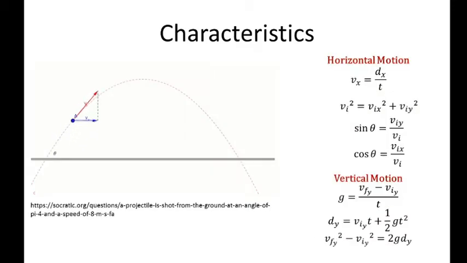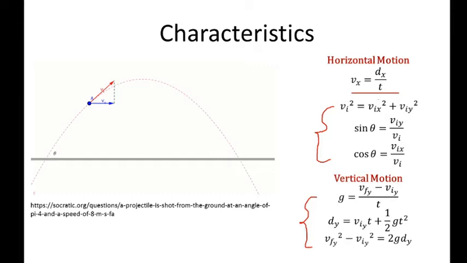So in terms of equation, we'll use the same equation as with projectile motion 1 in terms of horizontal motion. That is, velocity in the x is equal to the distance in the x divided by the time. And then for the vertical motion, we still use the same kinematic equation. What is added in the scene is that we now have these equations, which is just a part of when we discussed vectors.